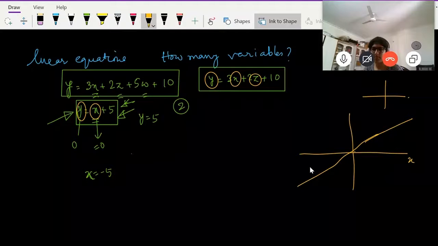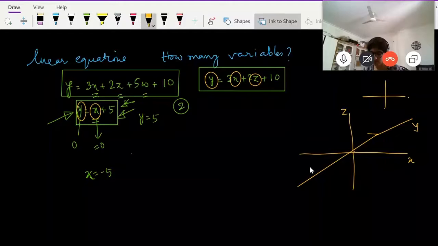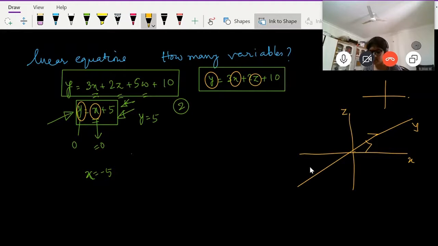So x, y, and z. This is 90 degree. So we have to do exactly what we did in the previous case. So we will put x and z as 0 and see that the value of y is 10.